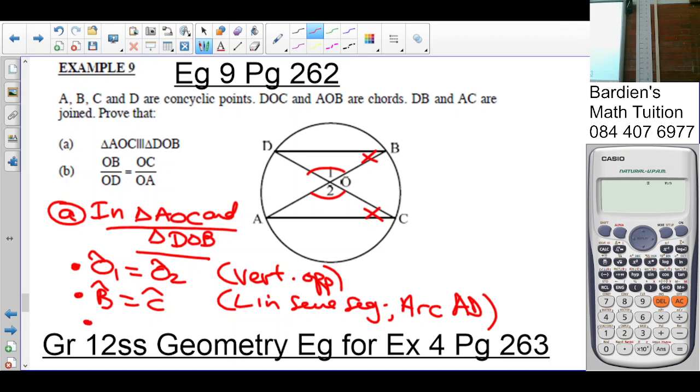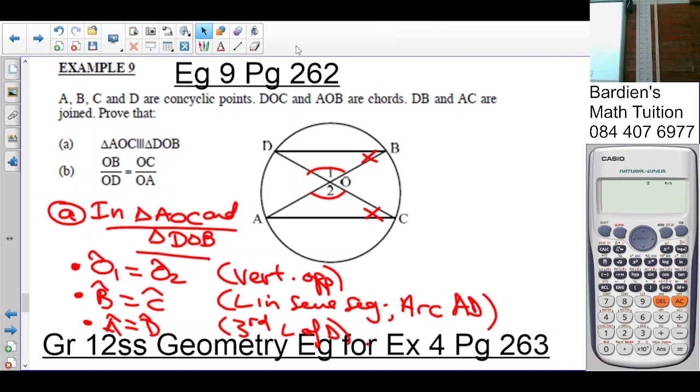Third angle, A is equal to D, angle in the same segment, or it's the third angle of triangle. If 2 is equal, automatically the third one will be. Okay, you guys understand? If you had written angles in the same segment, you will get the full marking. Okay.